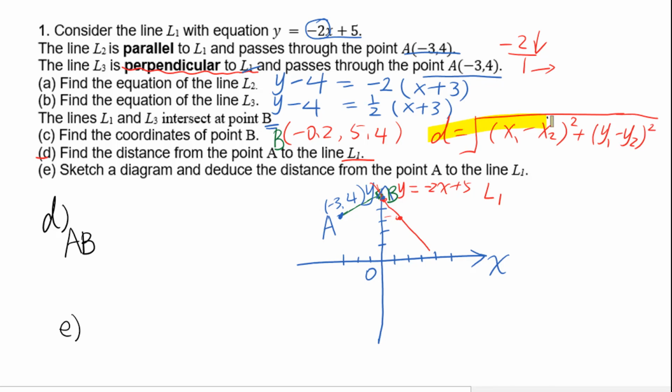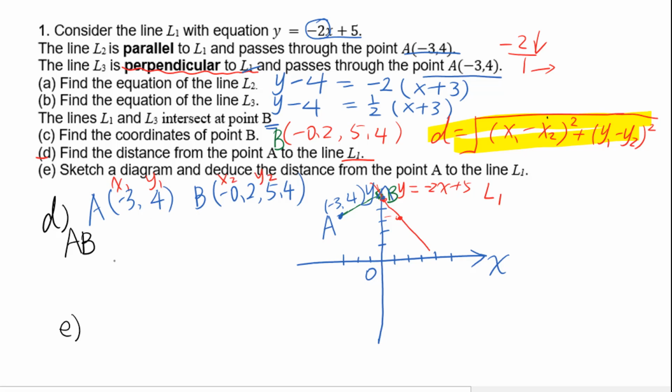This is the distance formula. We have A, negative 3, 4, and B, negative 0.2, 5.4. We will label as x1, y1, x2, y2.